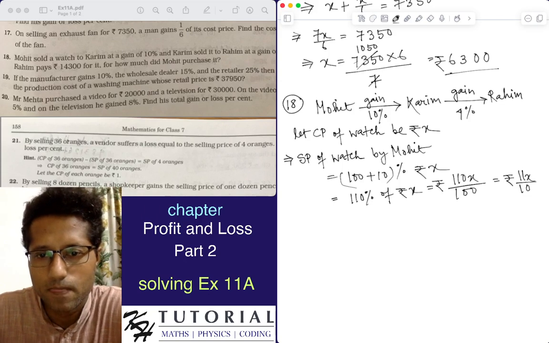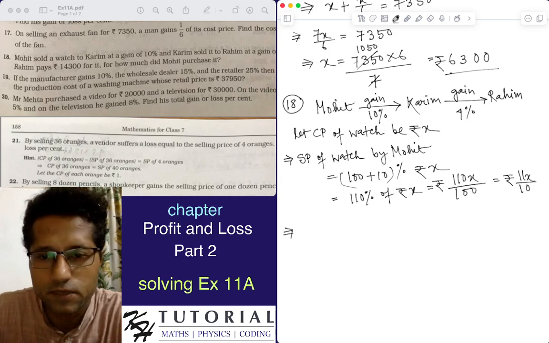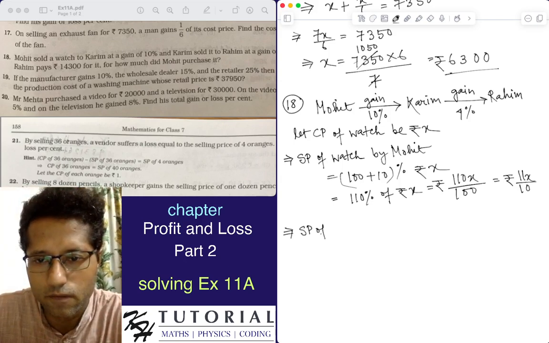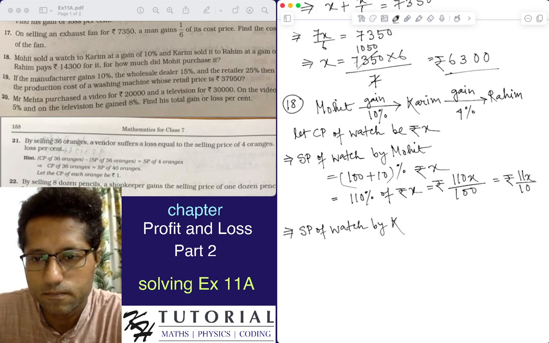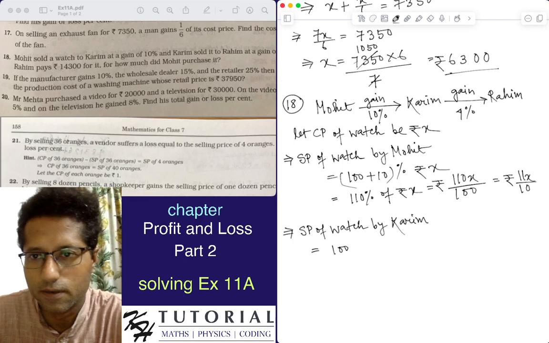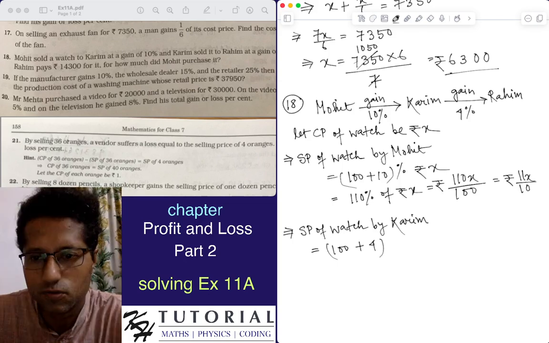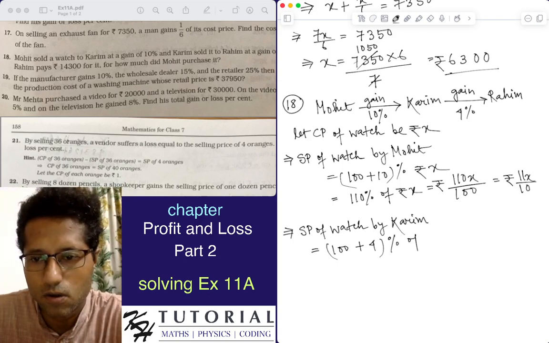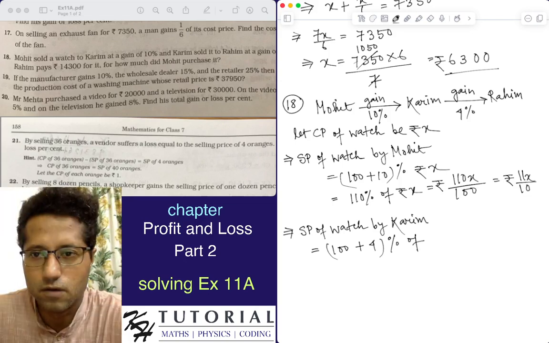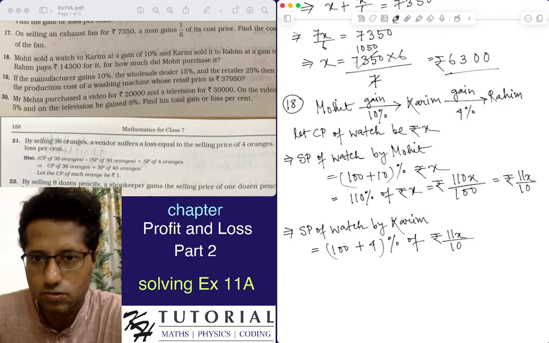Now Karim sold the watch to Rahim at 4% gain. Therefore, the selling price of the watch by Karim should be equal to, since Karim sold the watch to Rahim with a 4% gain, 100 plus 4% of the cost price of Karim, and the cost price of Karim is rupees 11x by 10, which is also the selling price of Mohit.